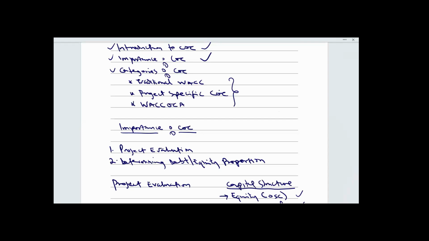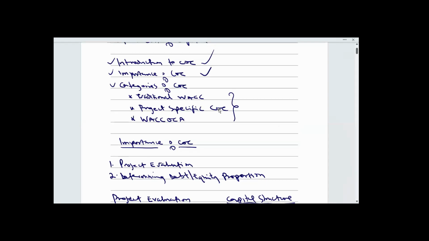But you must know the variables you should look out for in the question, for you to know whether you are supposed to calculate traditional WACC, project-specific WACC, or WACC of the combined activity. All of them I'm going to explain to you under this topic. So where we have major work is the categories of cost of capital. Let's take it one by one.